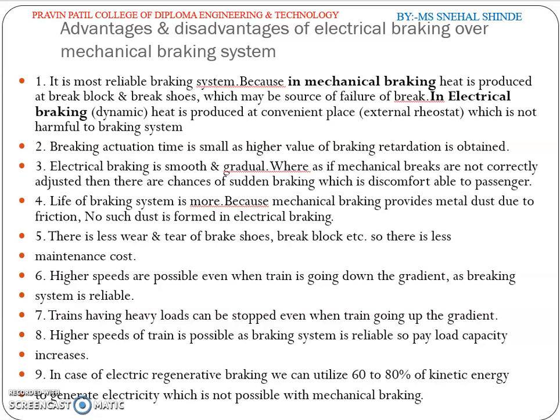Higher speeds of train are possible as the braking system is reliable, so payload capacity increases. In case of electric regenerative braking, we can utilize 60 to 80% of kinetic energy to generate electricity, which is not possible with mechanical braking.